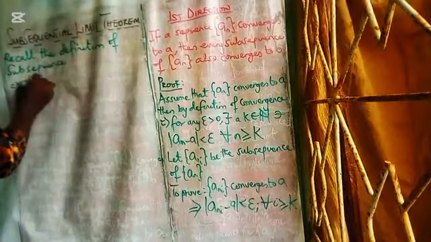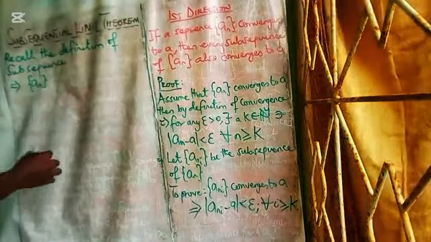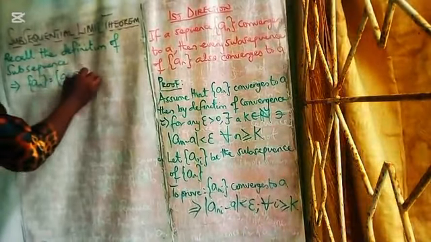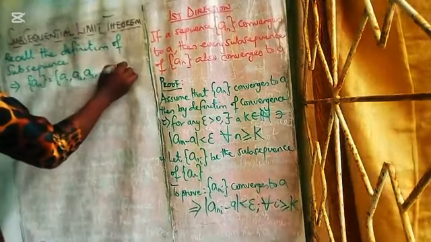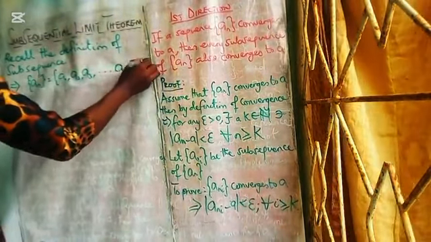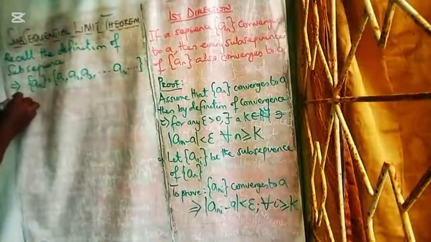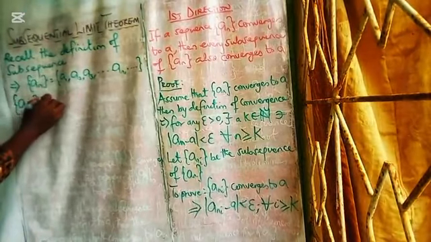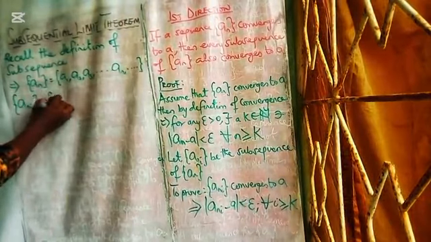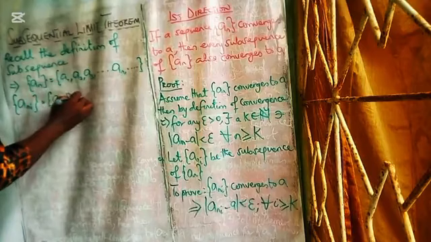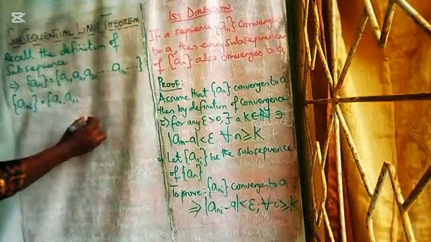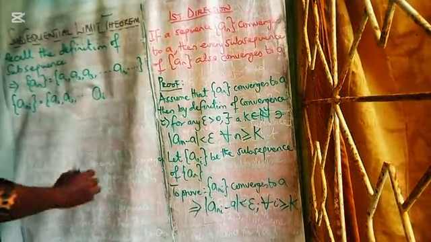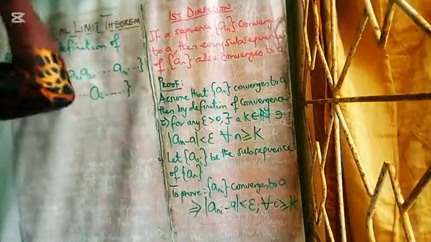That implies that given the sequence A sub n defined as A1, A2, A3 down to A sub n, and it continues like that, and its subsequence A sub ni defined as what? A2, A3 down to A sub i, and it continues like that.